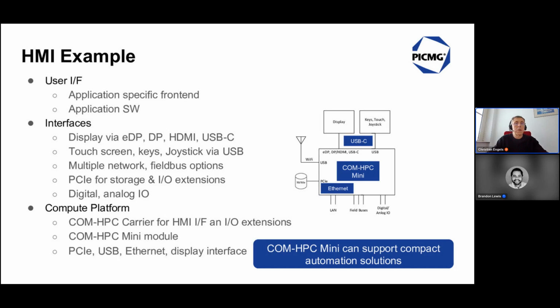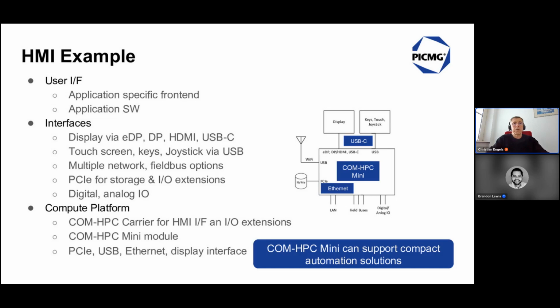COM-HPC Mini platform, the nice thing about computer-on-modules in general is that there's already a lot of interfaces falling out of the compute platform on the module itself, and that's certainly also true for COM-HPC Mini.